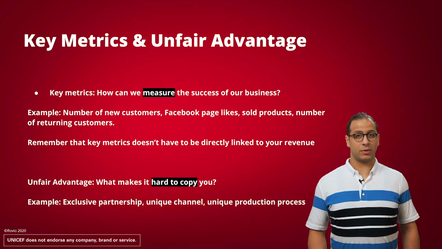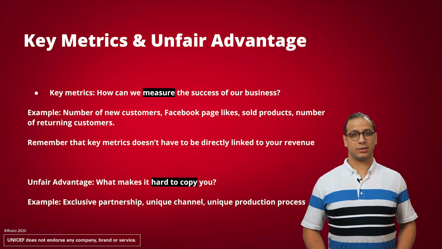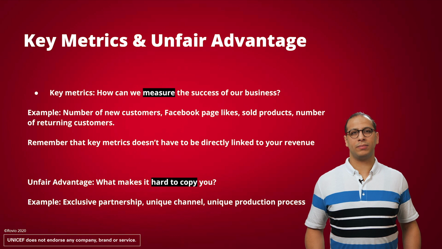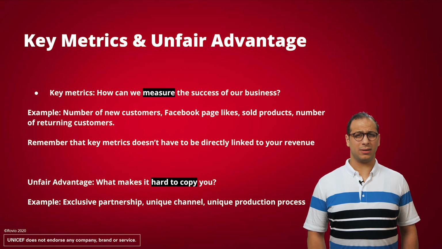We can choose these numbers depending on our business, so it can differ from one business to another. By the way, these numbers or metrics, they don't have to be money or directly linked to your revenue. It can even be how many likes you have on your Facebook page, so don't just think that it has to be money.